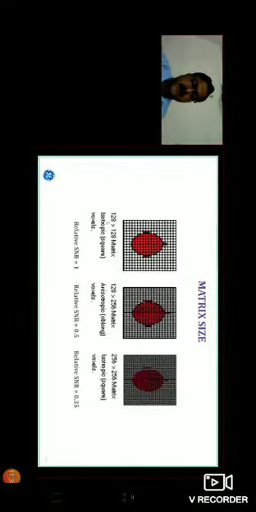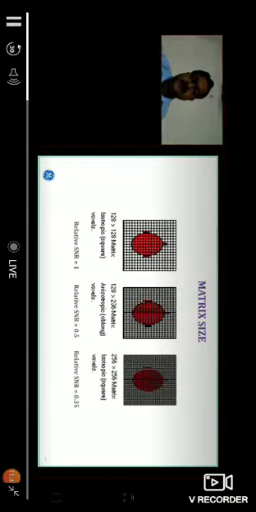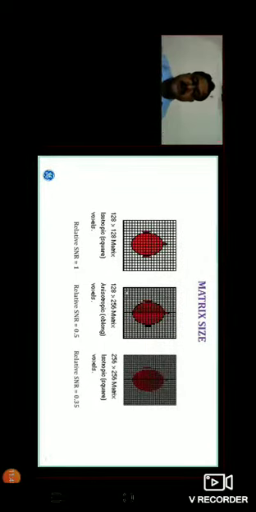The matrix size, again, you can see the first image is a 128 by 128 matrix. It's isotropic or square matrix, we can say. The relative SNR is 1. I'm increasing the frequency matrix alone. So it's not a square matrix now, it's a rectangular matrix.